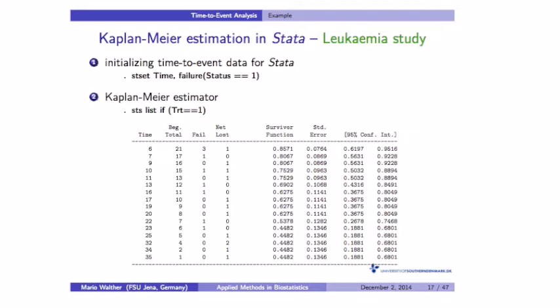So you can say the 10-week survival probability in the treatment group is about 75%, with a standard error of about 0.1, and the confidence interval in this case is from 0.5 to 0.88. So you can expect that any value in this interval may be the appropriate 10-week survival probability. So this is only an estimate.